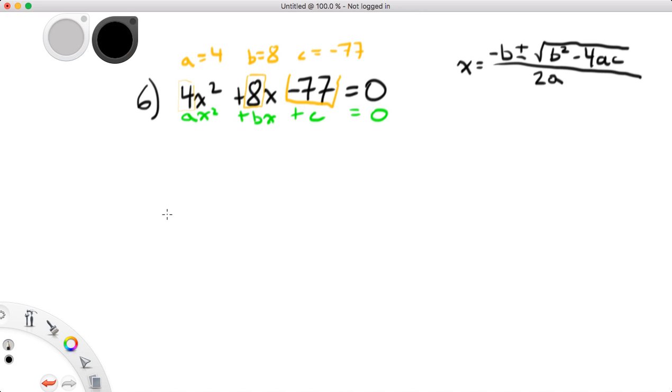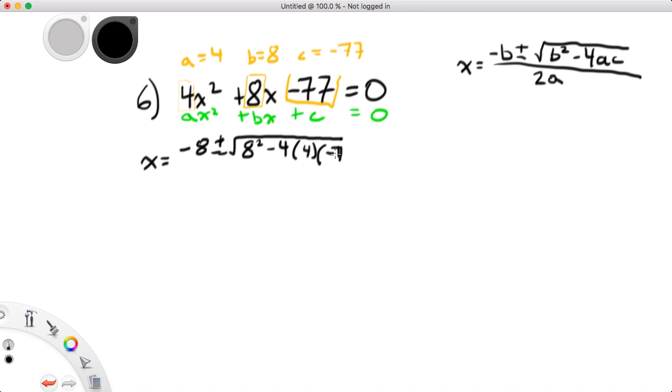We know that b is equal to 8 because that is the coefficient of x. And we know that c is equal to negative 77 because that is the constant in this case. I don't know if they intentionally meant to put c for constant, but they sure did, and that's great.